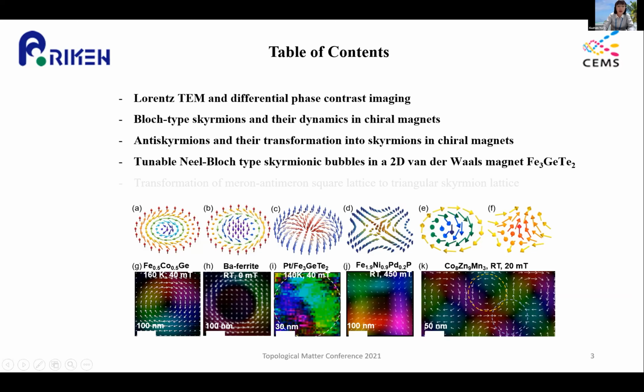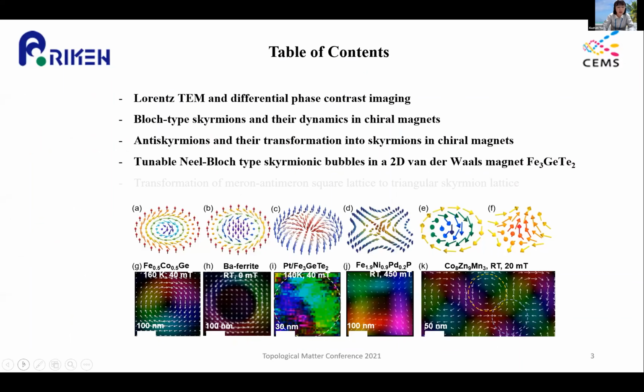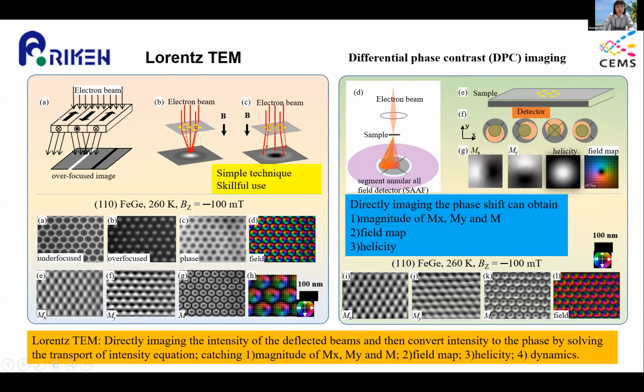Finally, I will show how to identify the Néel-Bloch-type skyrmionic bubble in this two-dimensional van der Waals Fe-Ge-Te (FGT). If I have time, though maybe it's difficult, I will show you a little bit about the meron and anti-meron square lattice.